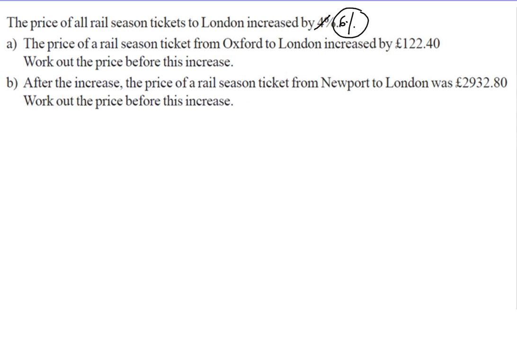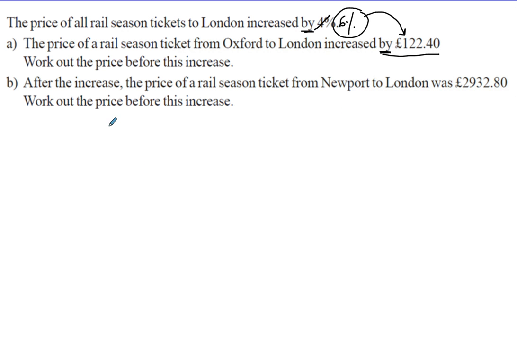The price of all rail season tickets to London increased by 6%. Just change it from 4 to 6 because we had 4% in the last question. Okay, the price of a rail season ticket increased by £122.40. Okay, so you can tell the 6% is £122.40 because it increased by that and it increased by that.